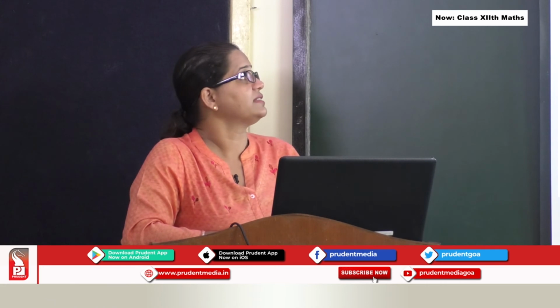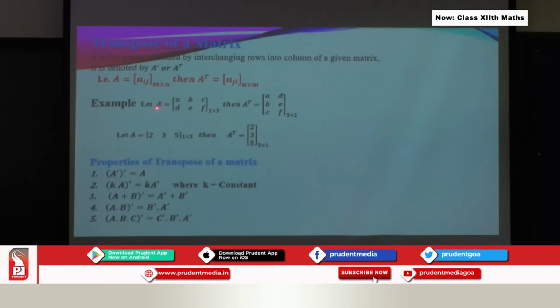Okay. Next, example, look at this. I have a matrix of order 2 by 3. Look at this, the first row will now change to the first column. See, A B C, now it became A B C as the first column. So what is happening? Row I am changing as column.